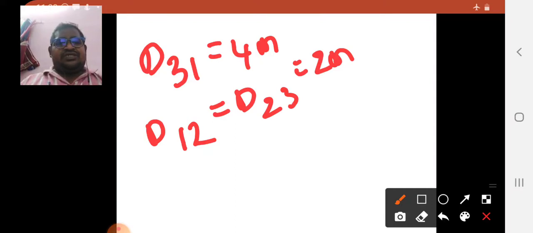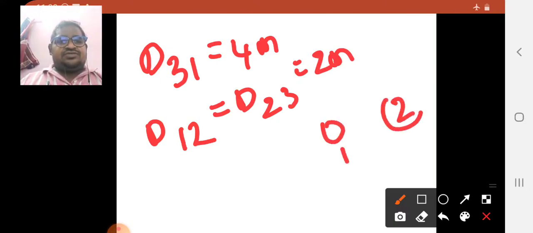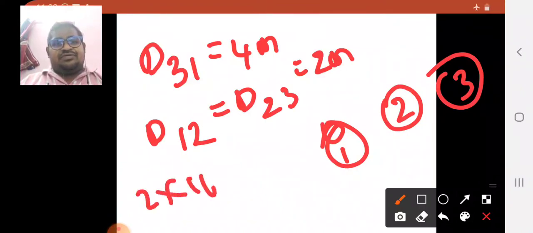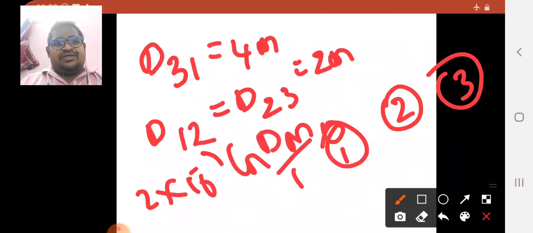Here also he has directly given conductors 1, 2, 3. Three conductors are placed like this, and he has given the distances also. So here also, what is the formula you need to use? The same formula which we have used earlier, that is 2 into 10 power minus 7 ln dm by ds.